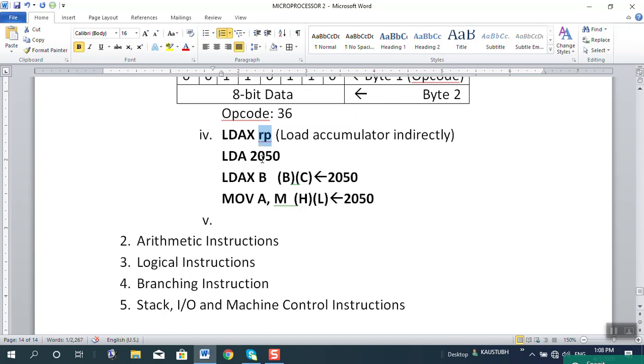Why not for HL? Because HL is a dedicated pair which is representing M. If the memory address is in HL, that memory is pointed to as a virtual register M. So for LDAX RP, this RP is only BC and DE.